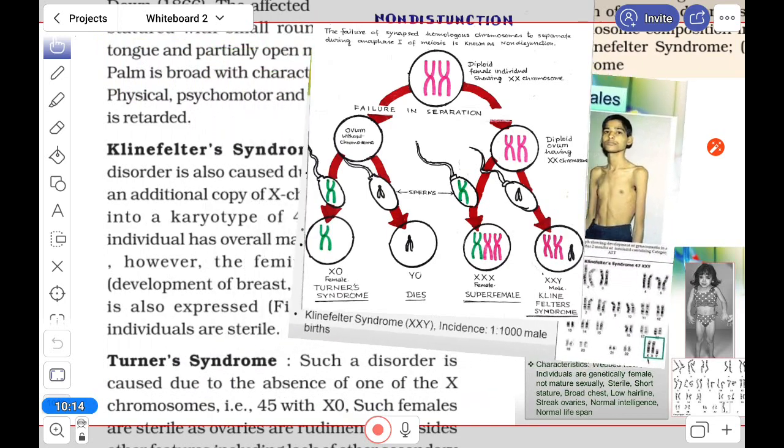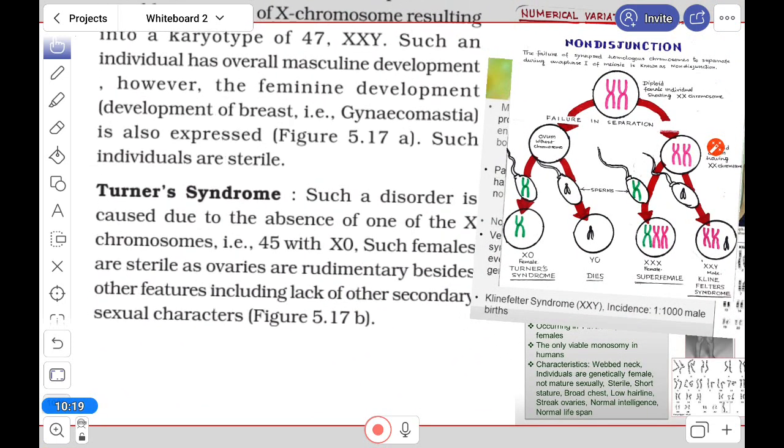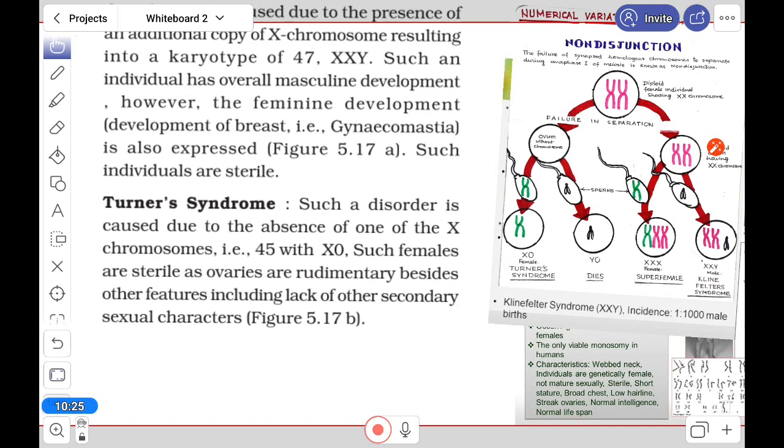All right. So Turner syndrome, look at here. In Turner syndrome, it is due to the absence of one chromosome. Here instead of 46 it is 45 and it is XO, and they are female.